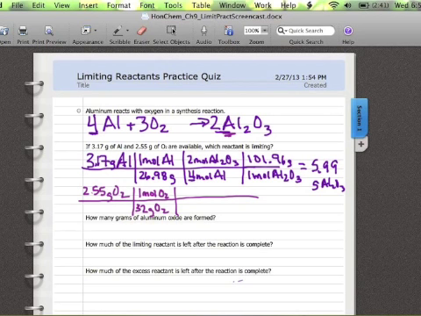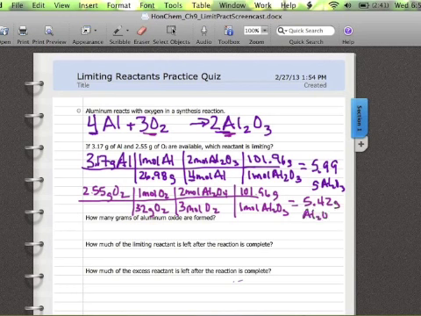Next step, go to my 2 moles of Al2O3. But this time, since I'm going from O2, my ratio is 2 to 3. So 2 moles of Al2O3 for 3 moles of O2. And then last step, I'm still going to go back to grams of aluminum oxide. And then finally, I'm going to do my calculation. For this reaction, it gives me 5.42 grams of Al2O3.